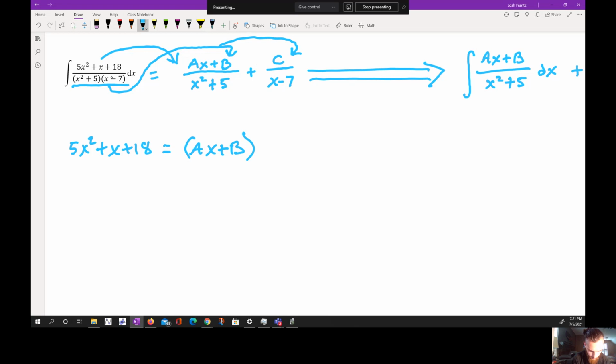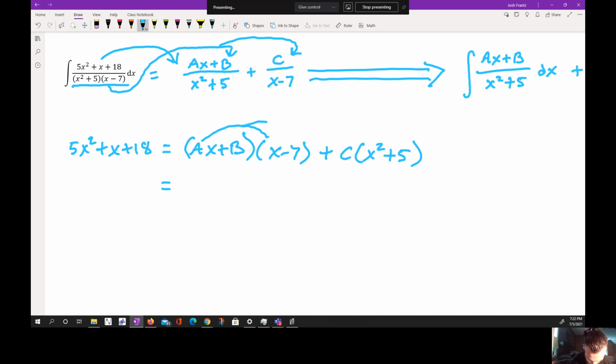And then cross the like terms out because they'll equal 1. So this will go away with that, and we'll just be left with x minus 7 in the numerator there. Same thing with c, we'll just be left with x squared plus 5. And that gets rid of the fractions for us. It's a little easier to compute and look at.